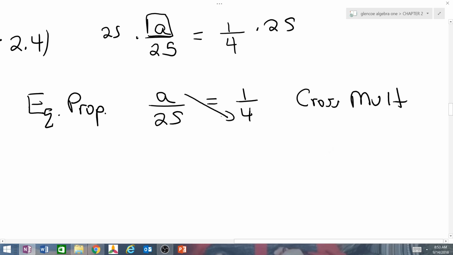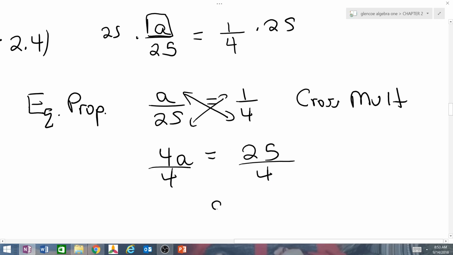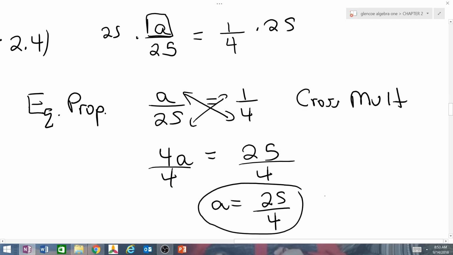So if you need to cross multiply, this is what you would do. 4a equals 25. Divide each side by 4, and a equals 25 over 4. You can leave it like that, or you could say 6 1/4.